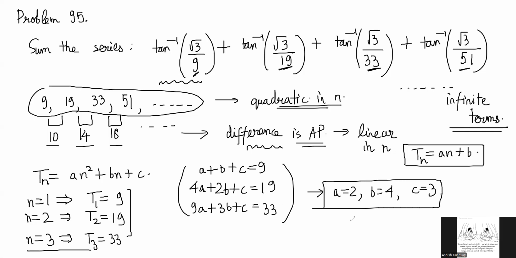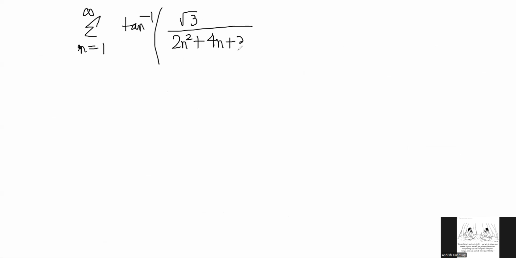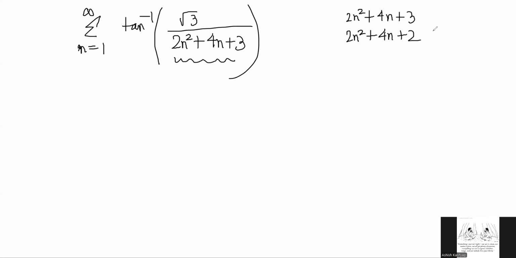So the series for us becomes 2n squared plus 4n plus 3, starting from n is equal to 1. Therefore, the terms can be written like this: summation n goes from 1 to infinity tan inverse of root 3 by 2n squared plus 4n plus 3, right? Now we will adjust this a little bit and you will see why. 2n squared plus 4n plus 3 can be written as 2n squared plus 4n plus 2 plus 1.